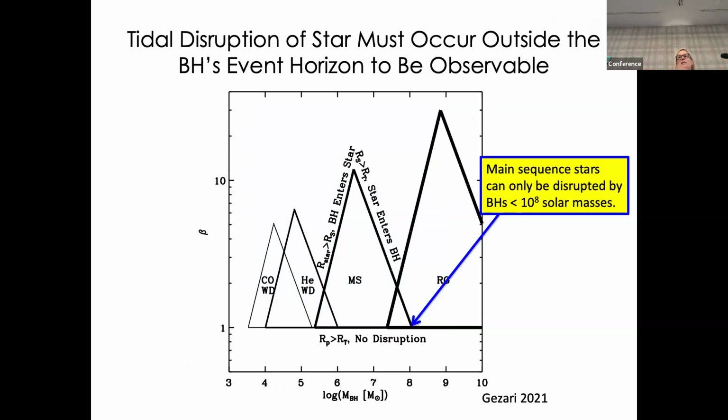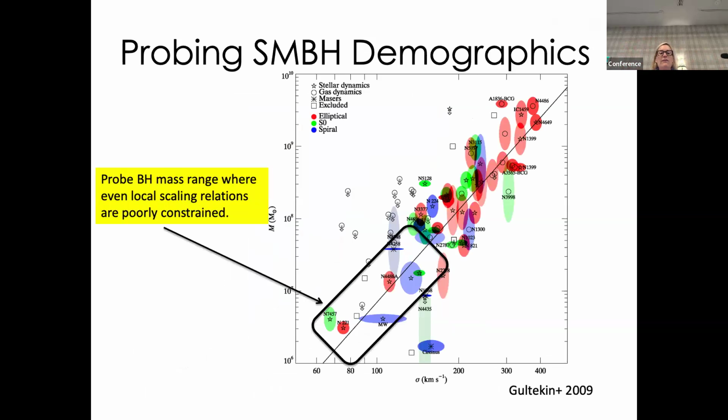And so a star will be swallowed whole before being disrupted around black holes greater than 10^8 solar masses. So tidal disruption events are a really fantastic probe of these lower mass black holes. And that is specifically where we have the hardest time finding observations to directly probe the masses of black holes and then compare them to their host galaxy properties.